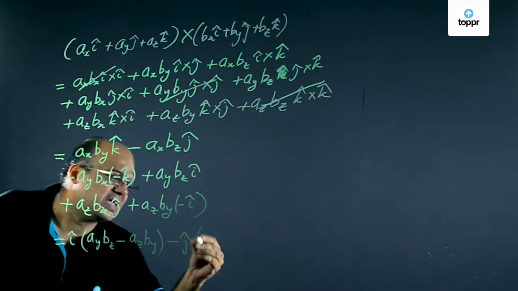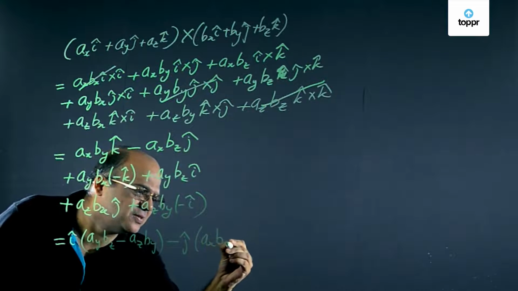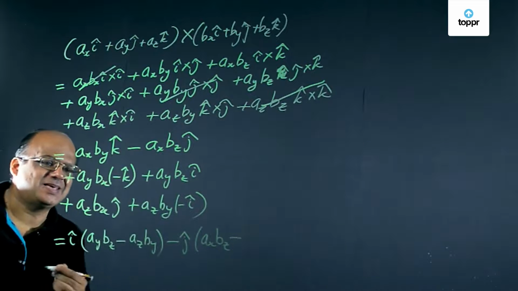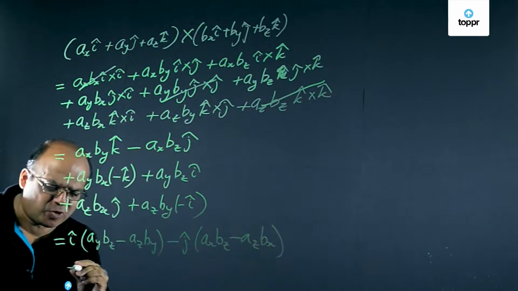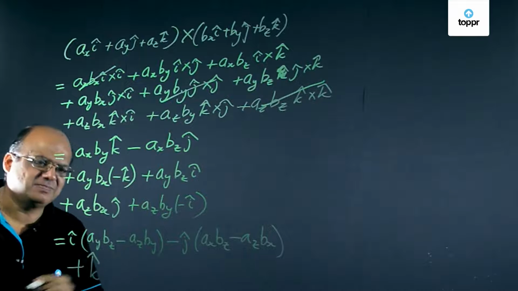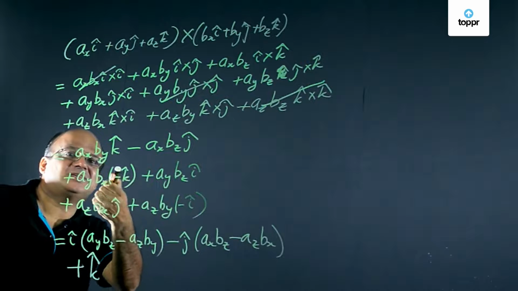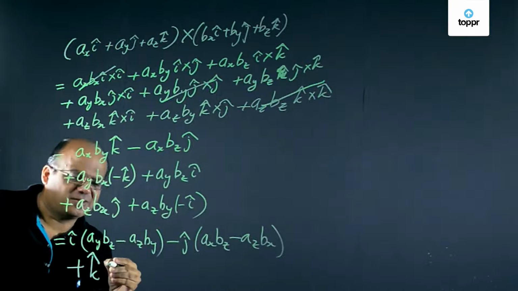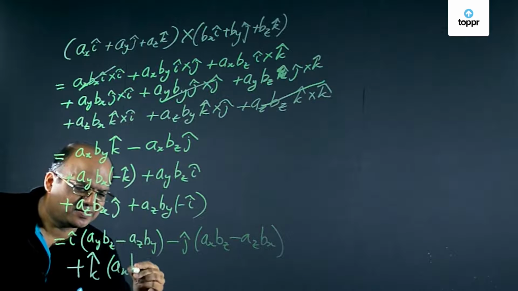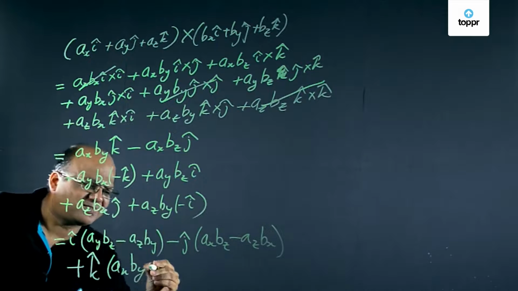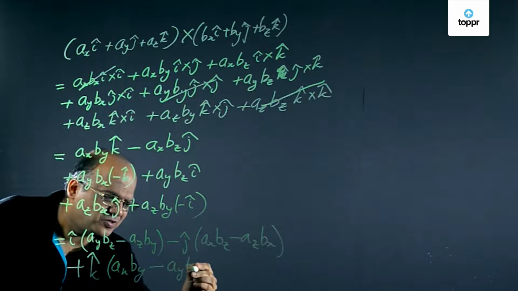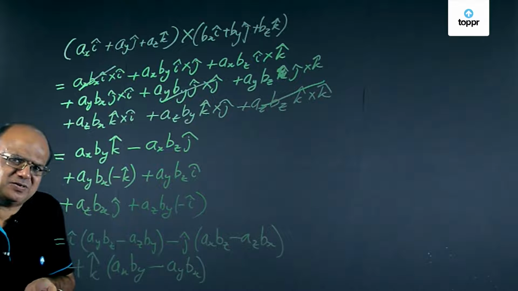Here, ax bz minus az bx. Now let's take k cap common, plus k cap. So we get ax by minus ay bx. So this is what we have got from the cross product.